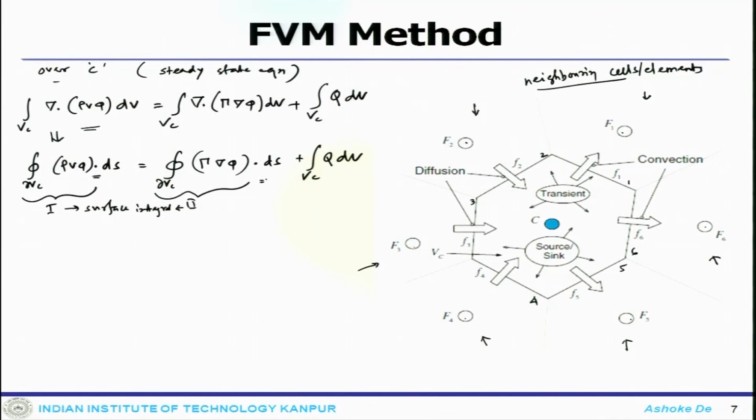So, now it comes to the calculation of the fluxes. The convective fluxes would be rho V phi, and the diffusion fluxes would be gamma del phi. If you now integrate these fluxes, the total flux would be convective fluxes plus diffusive fluxes.